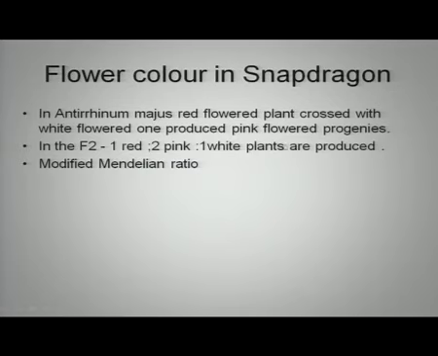Again in the F2, the same ratio, 1 red, 2 pink and 1 white plants are produced. It is again a modified Mendelian ratio.